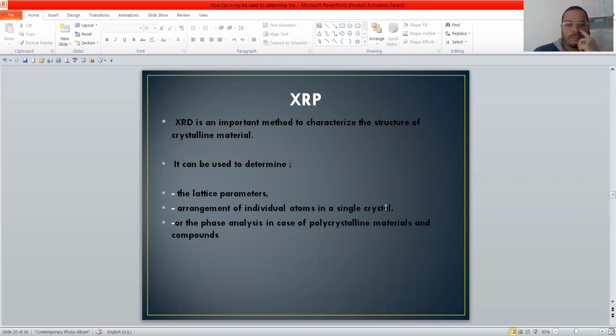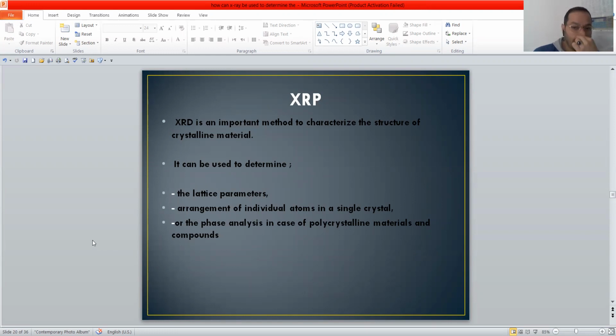X-ray diffraction is an important method to characterize the structure of crystal material. Like I said before, it can be used to determine the lattice parameters and the arrangement of individual atoms in a single crystal. It's important.